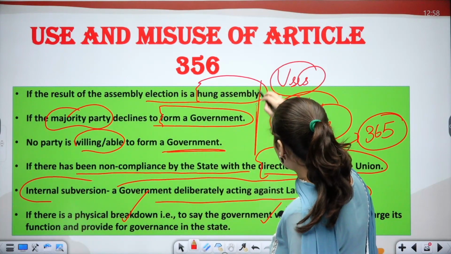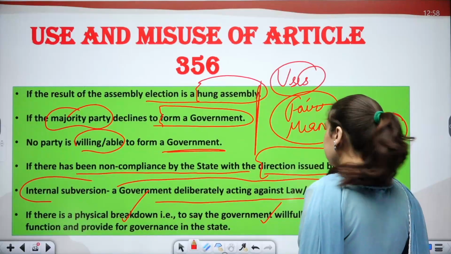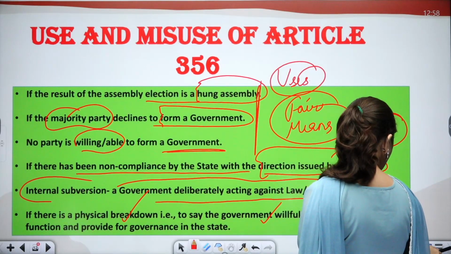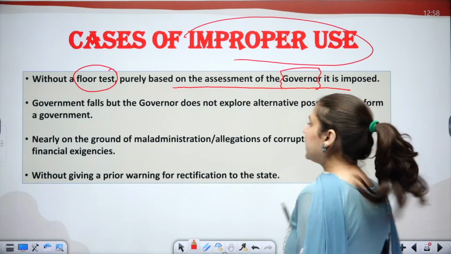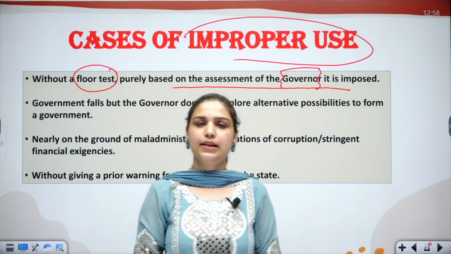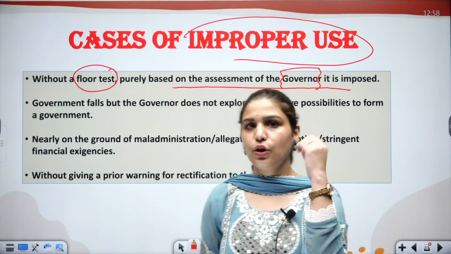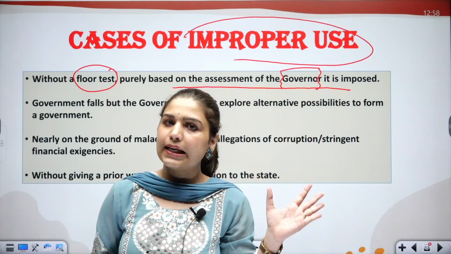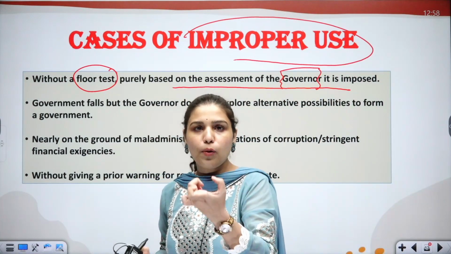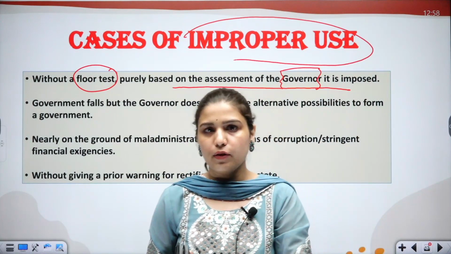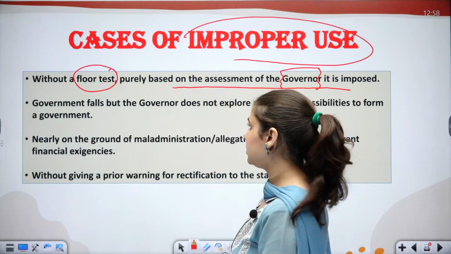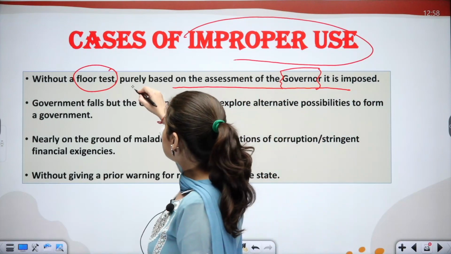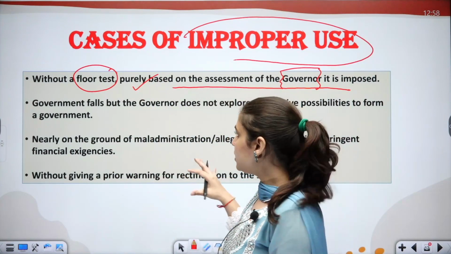But apart from this, if a party says that they want to form a government, and the governor of that state doesn't consider that decision, or without conducting a floor test just sends a report to the president that no party is willing to form a government, so President's rule must be imposed on this state, then number one, this is an improper use of this article.